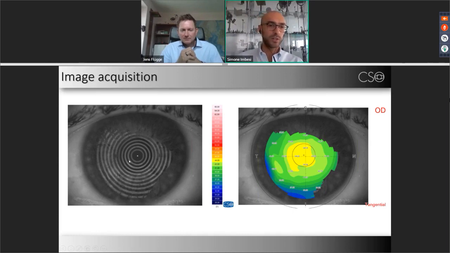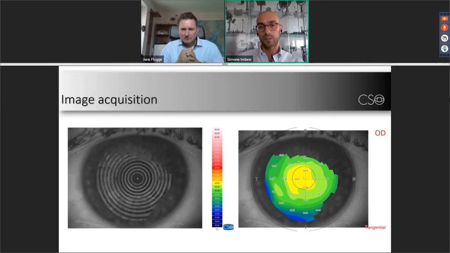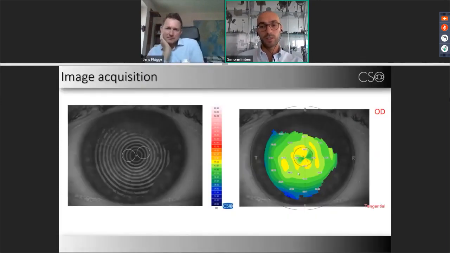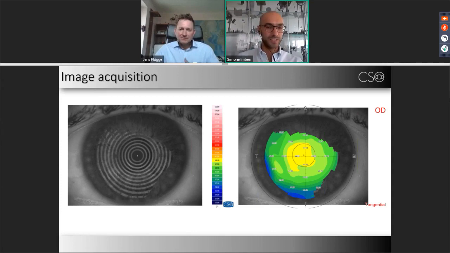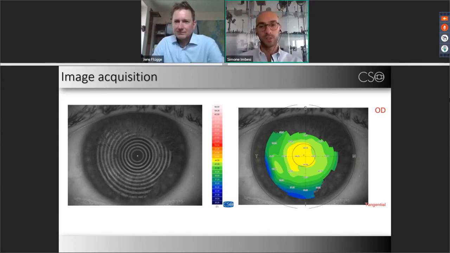So as you can see here, we have no artifacts due to the poor quality of tear film, and the astigmatism that was visible here has magically disappeared. So these two slides are to let you understand the importance of having a good tear film and a good ocular surface to be analyzed.